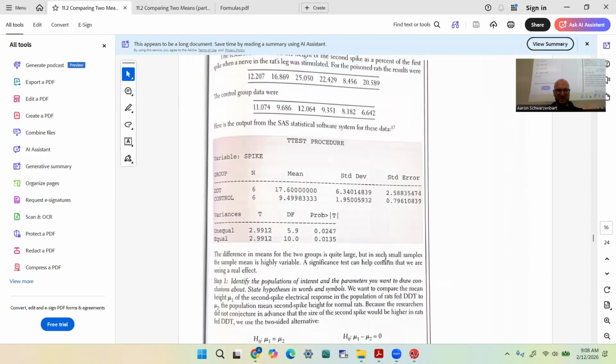Now looking at this, unequal variances. This means not pooled. And they use the degrees of freedom formula. So we get T of 2.99. We got a p-value of 0.0247.